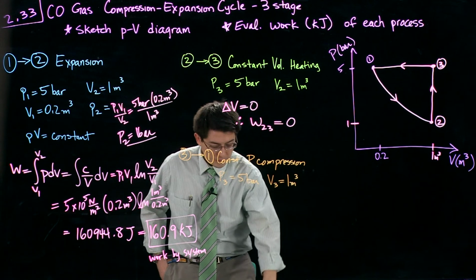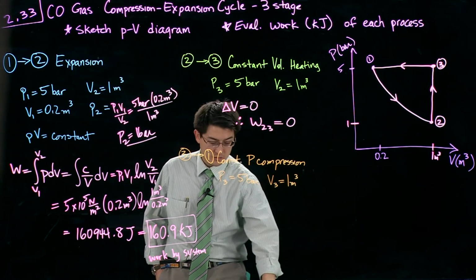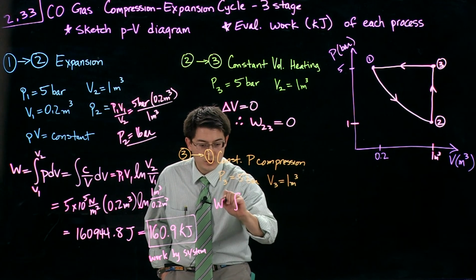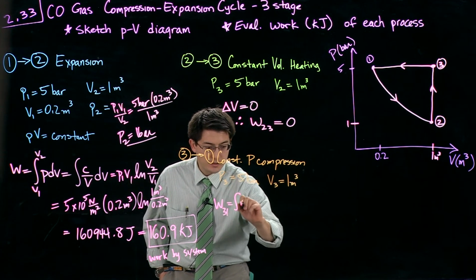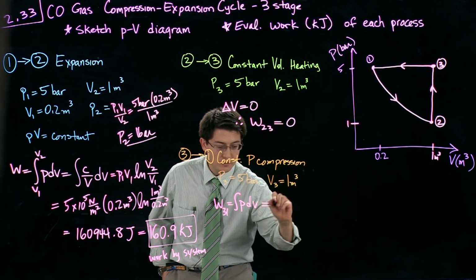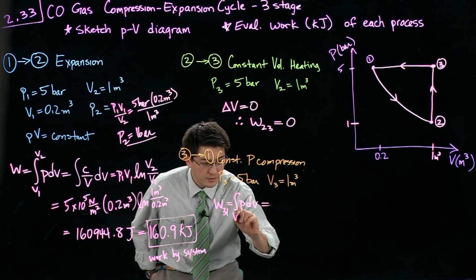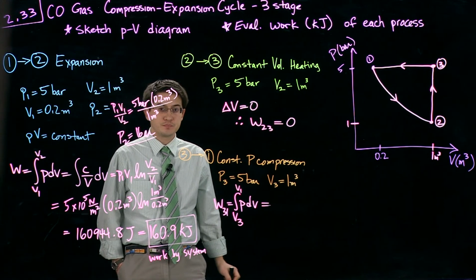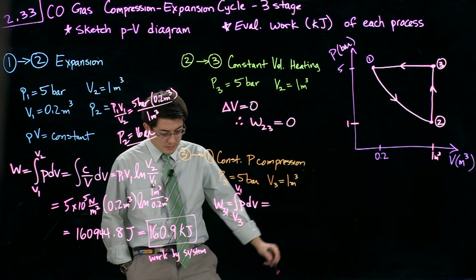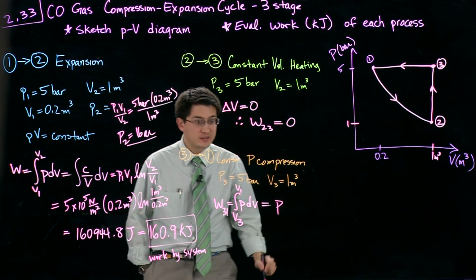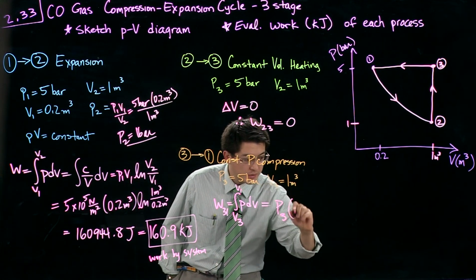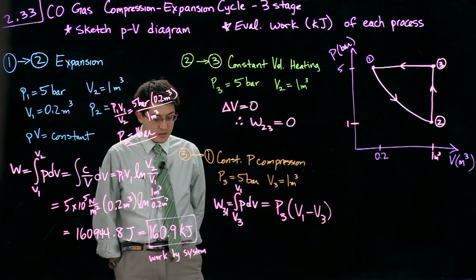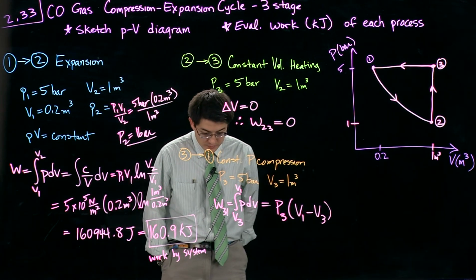Our work 3 to 1, we're going here from V3 to V1. For constant pressure, this is going to be P3 times V1 minus V3, final minus initial.